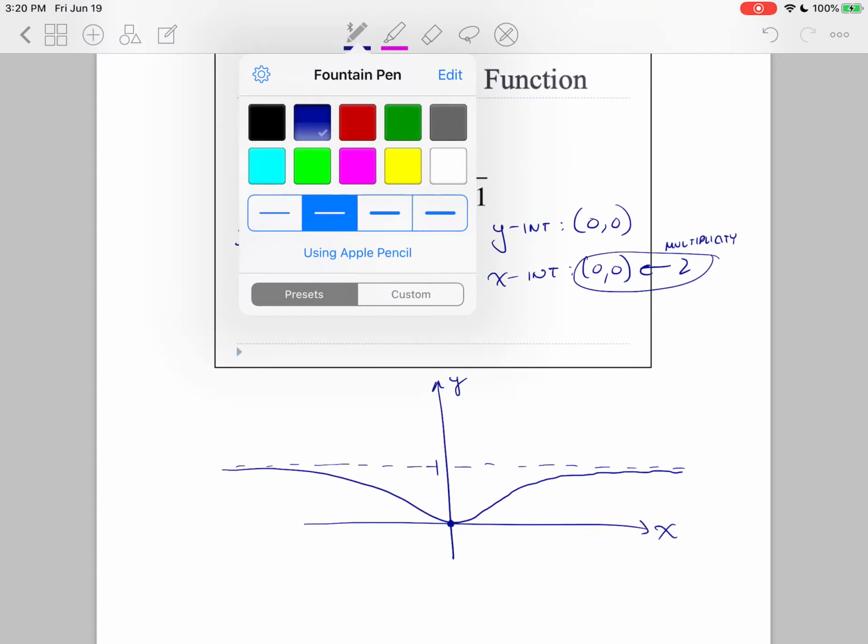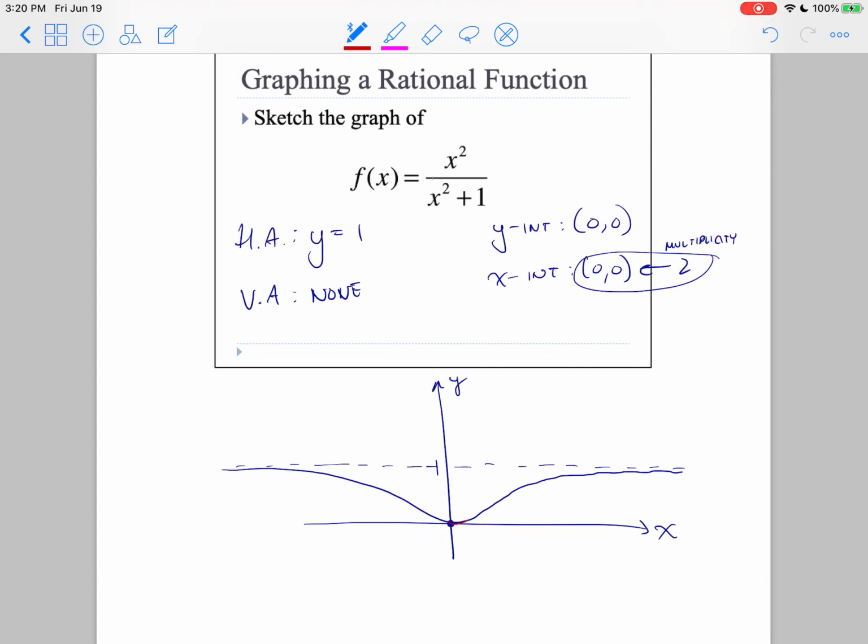Now again, I'm not discounting the fact that this could have happened. That could have happened. But I just think it's less likely. I'm not saying it's impossible, I just think it's less likely, that's all. Especially since the denominator is always a little bit bigger than the numerator. So as I'm going to infinity, the denominator's a little bit bigger, so I'm always a little bit smaller than 1.